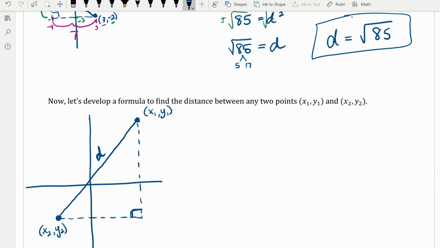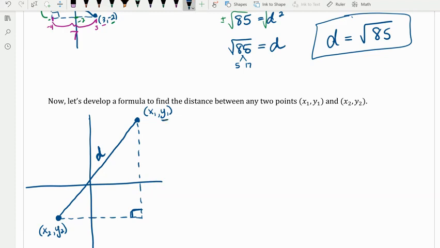So, like I said, this is kind of like slope, right? When I find the slope of a line, I look at the rise over the run, or the change in the y values and the change in the x values. And to get that change in the y values, if you think about how you calculate slope, we have that formula where we do y minus y over x minus x. That's what we're doing here. So to find this distance over here, that change in the y value, I'm going to subtract those.